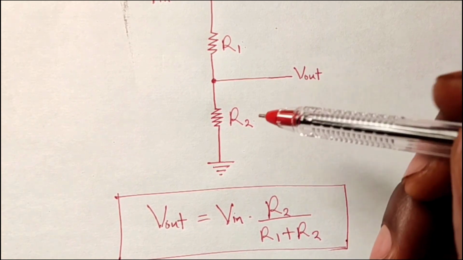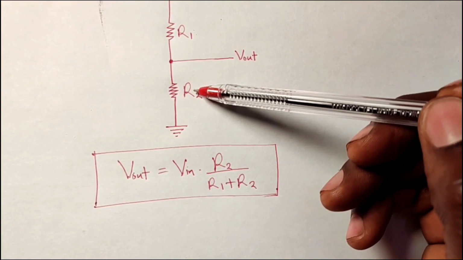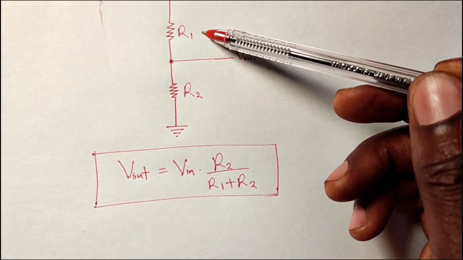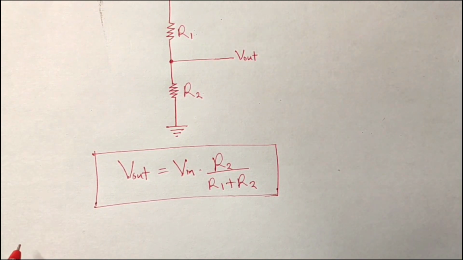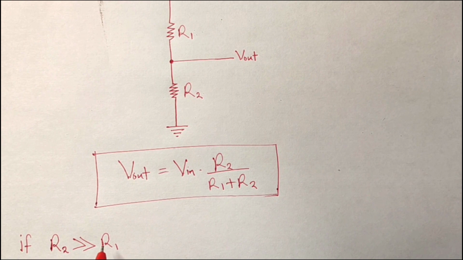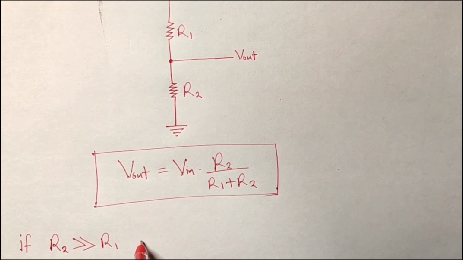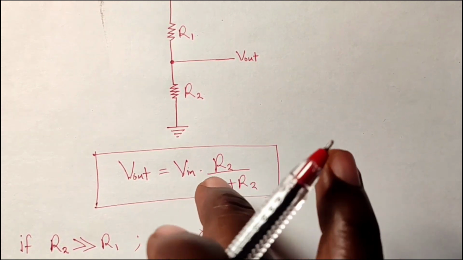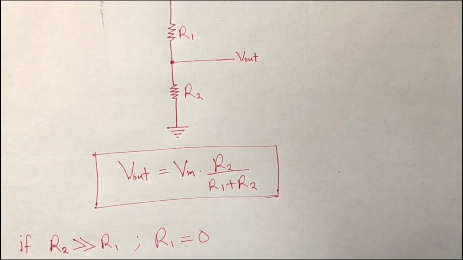So we want to consider a situation where R2 is far greater than R1. So let me write it here. If R2 is far greater than R1 in terms of magnitude, to the point that R1 doesn't exist, let's push it to the maximum limit and see. So that means R1 becomes 0. Let's substitute it in this equation and see what happens.